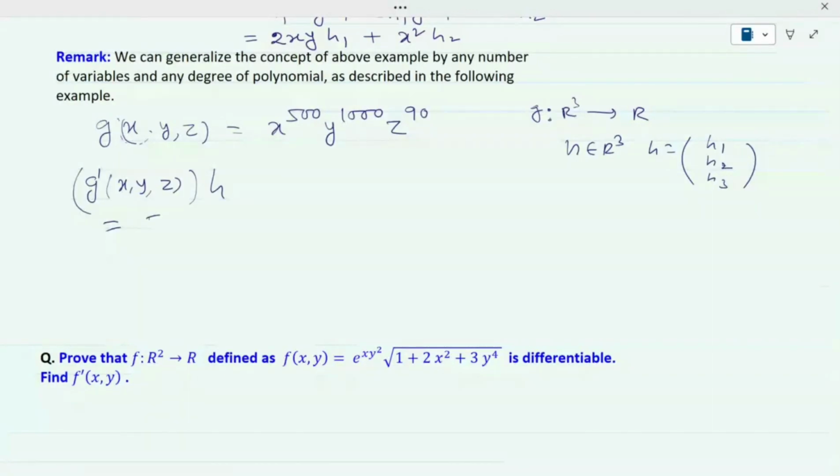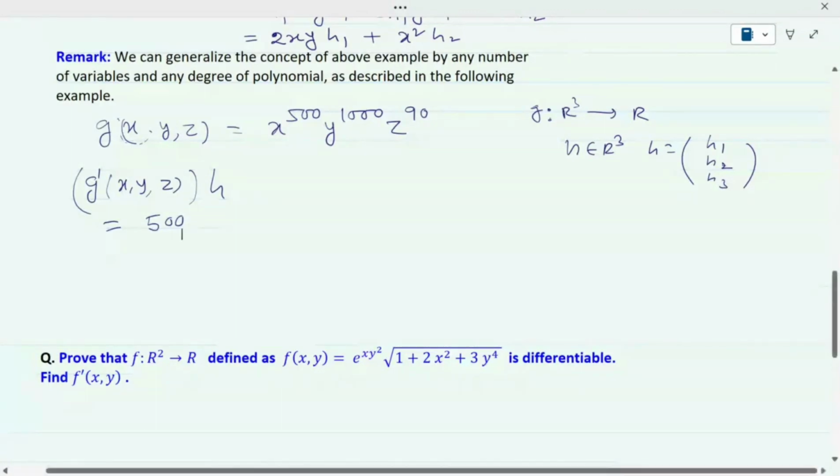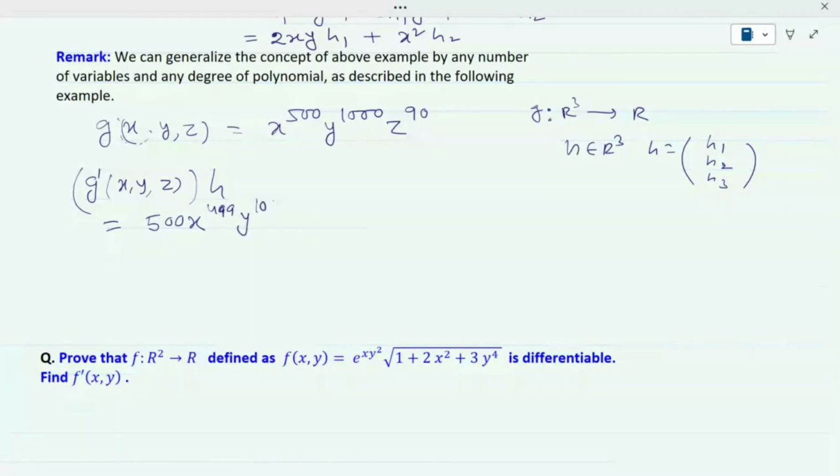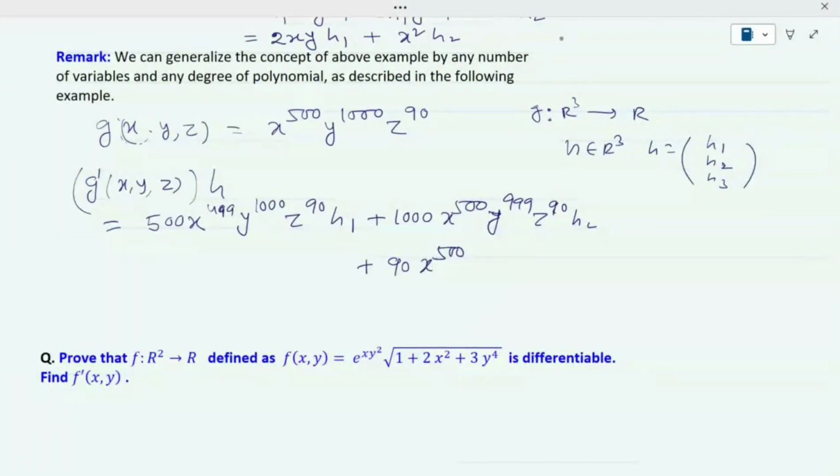Therefore this derivative will be 500 x to the power 499, remaining as it is, y to the power 1000, z to the power 90, h1, plus 1000 x to the power 500 y to the power 999 z to the power 90 h2, plus the last one, 90 x to the power 500 y to the power 1000 z to the power 89 h3. So we can generalize the whole idea in this way.